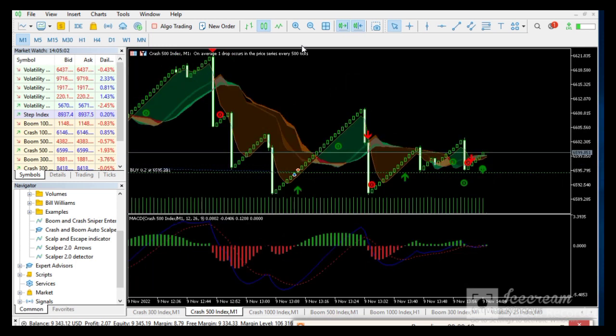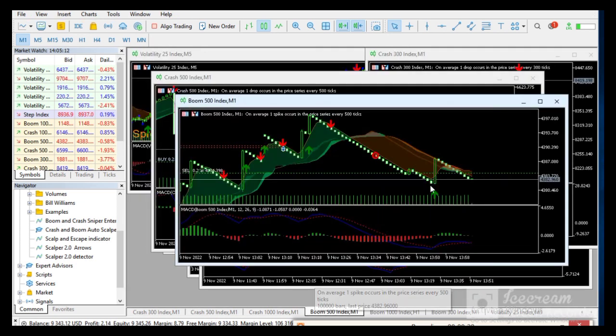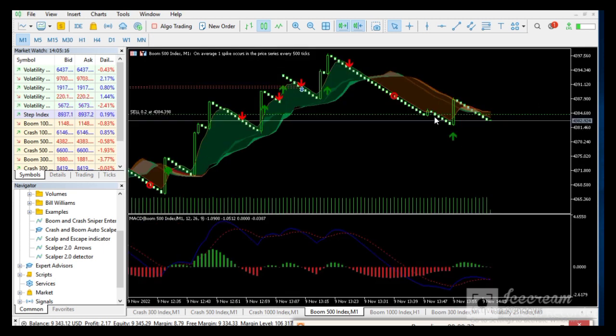Now this is Crash 500 as well. You will see my trade already. Look at the entries there, look at the circled green. At this point in time we have a different scenario, even though it is the same scenario in a different format. Now this is still Boom 500.